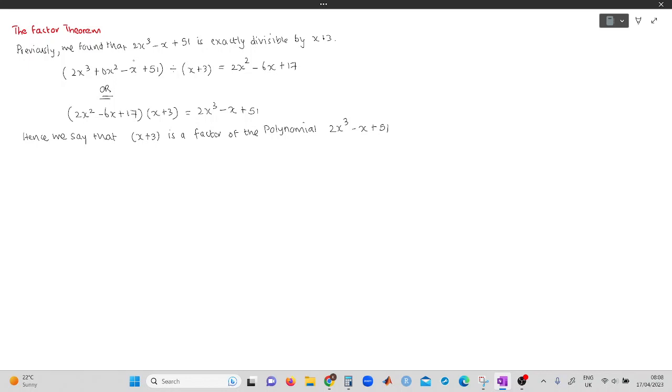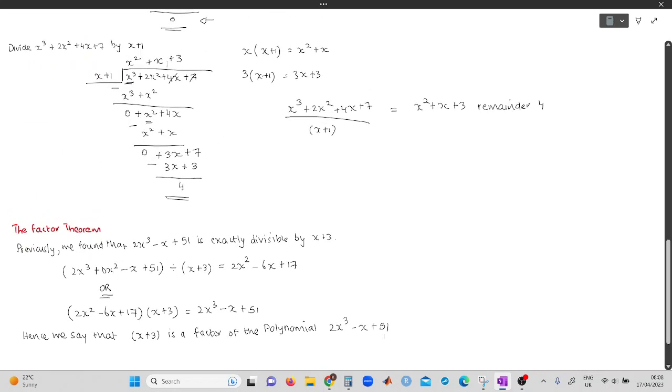Donc, il fait nous dire qu'il y a un facteur parce que comme on divise, ce remainder was 0. Dernier exemple que nous fait, nous avons un remainder de 4. Regardez cet exemple-là. On a eu un remainder de 4. Ici, on ne peut pas dire que, ok, x plus 1 is a factor of the polynomial x cubed plus 2x squared plus 4x plus 7. Pourquoi? Because the remainder here is not 0.